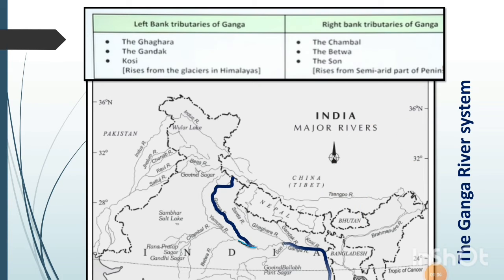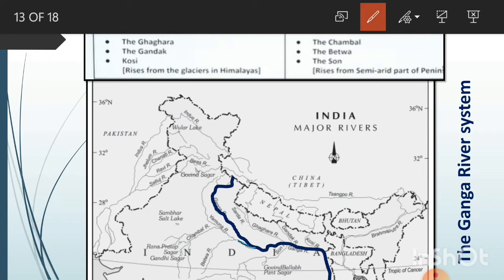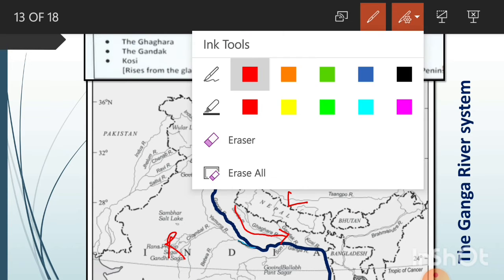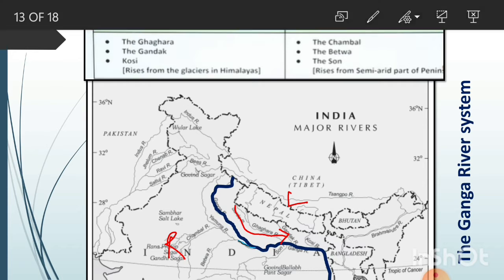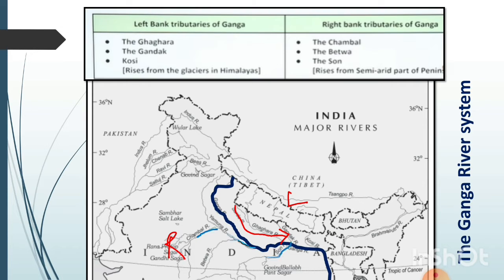Now this is the river Ganga, and the river is flowing in this direction. So what are the right bank and left bank of this river? This is the right bank and this is the left bank of the river Ganga. Then we can easily find the right bank tributaries and left bank tributaries.